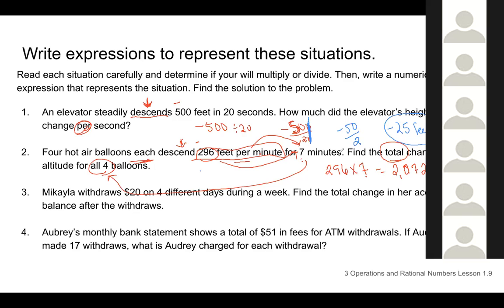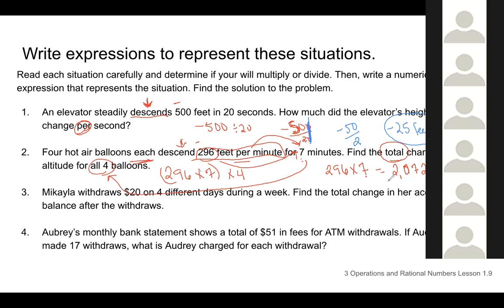And that is 8,288. So our operation is 296 times 7 times 4. You multiply 296 by 7, and after you figure that out, you multiply it by 4.